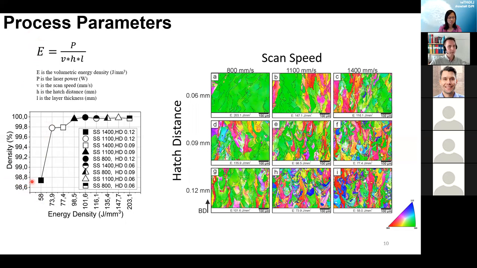If you compare to casting, for example, a cast component can have everything from 95 up to 99. So this is still quite okay for a stainless steel. But as you can see, moving up to this region, it more or less stabilizes, and we have almost a fully dense component.